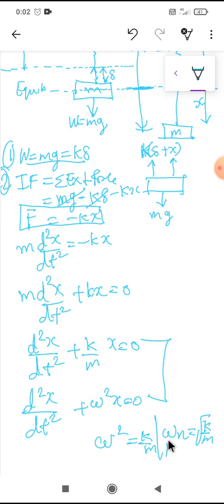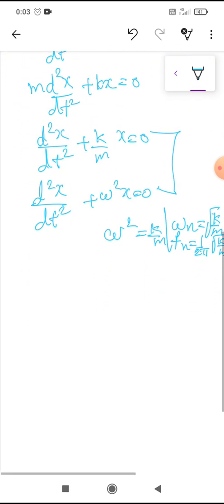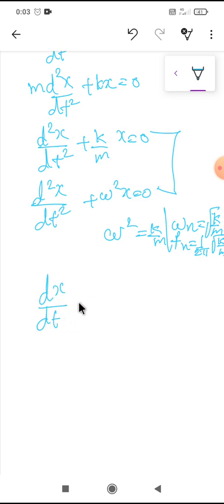If we want to find the linear frequency, that is 1 upon 2 pi under root k by m. We will generally use the angular frequency most often. So this is the equation of motion of the spring mass system: d square x by dt square plus k by m x. Now we will use a general notation: whenever any term is a derivative of time, we call it x dot.